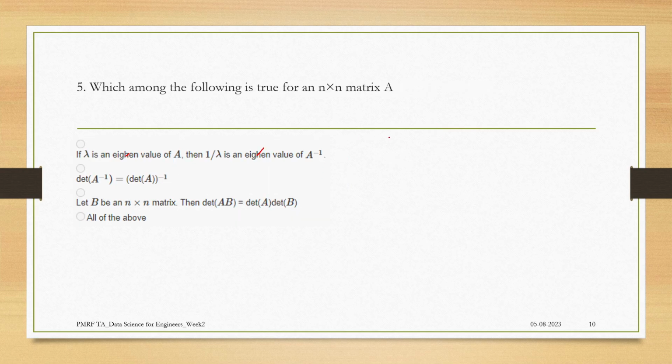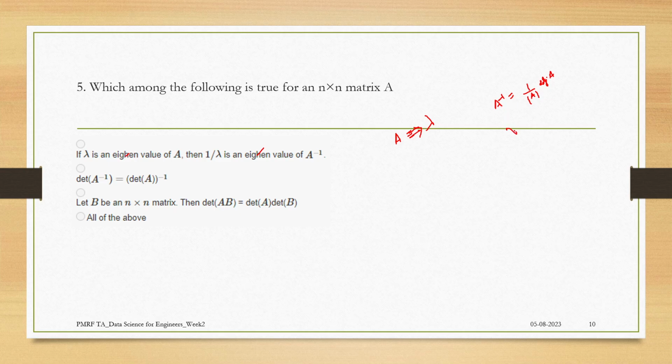Okay, so it's like the property. If its eigenvalue is given as lambda, then what is A inverse actually? It is 1 by determinant A into adjoint of A. You can check the lectures, it's actually a property.